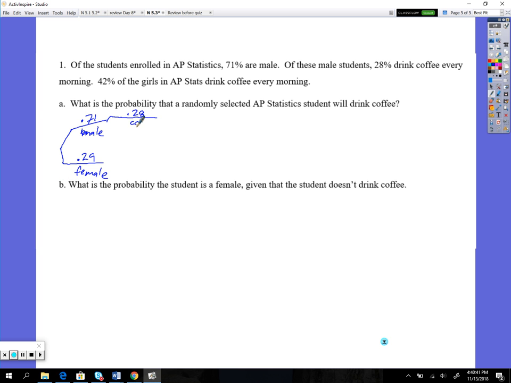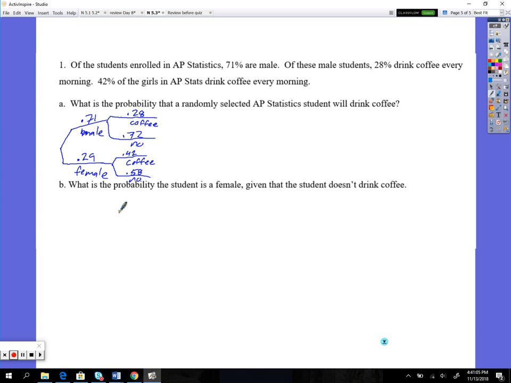And so now it says of these male students, 28% drink coffee. So that means then that there's going to be people that don't drink coffee, and so that percent comes out to be 72% that don't drink coffee. It says of the female students, 42% drink coffee. So that means that 58% no coffee.